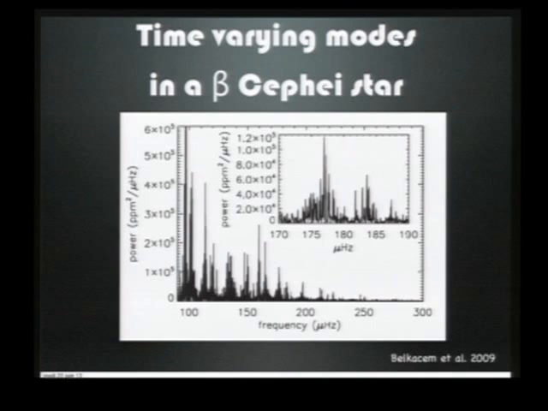Then, much later, 15 years later, another instrument was launched and put in orbit. It was CoRoT, and it was doing for stars what IPHIR was doing for the Sun, so looking at the intensity variation with time of the stars. Among CoRoT targets, there was a Beta Cephei star.